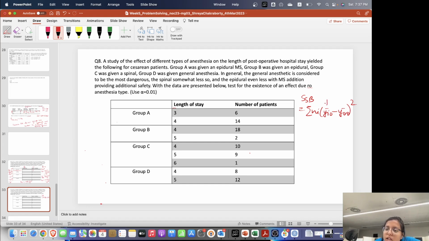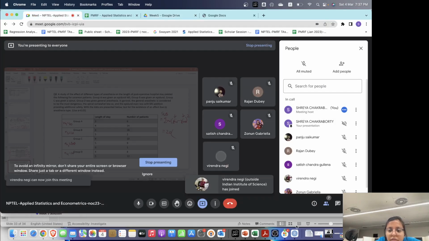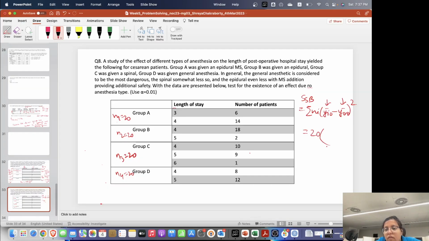These figures we already have, and here n1 is 20, n2 is 20, n3 is 20, and n4 is also 20. If we take 20 common, then we get summation of yi naught bar minus y naught naught bar whole square.